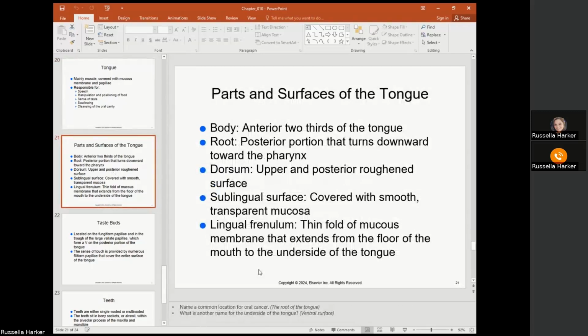So the tongue consists of the body, which is the anterior two-thirds of the tongue, the root, which is the posterior portion that turns downward toward the pharynx, the dorsum, which is the upper and posterior roughened surface, the sublingual surface, which is covered with smooth, transparent mucosa, and the lingual frenum, which is that thin fold of mucous membrane that extends from the floor of the mouth to the underside of the tongue.